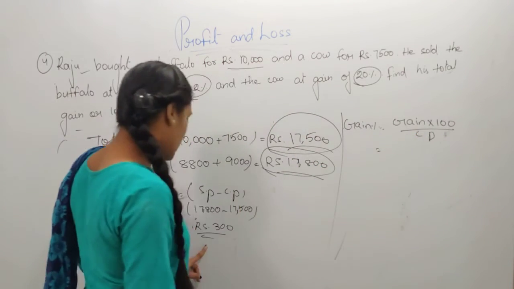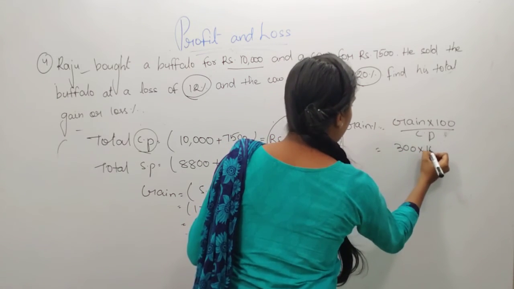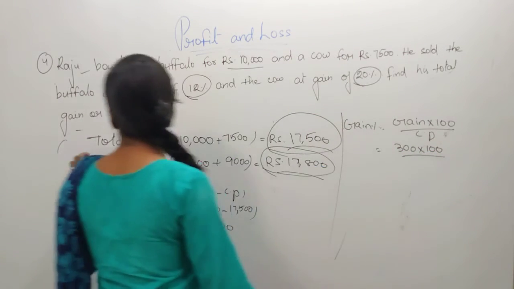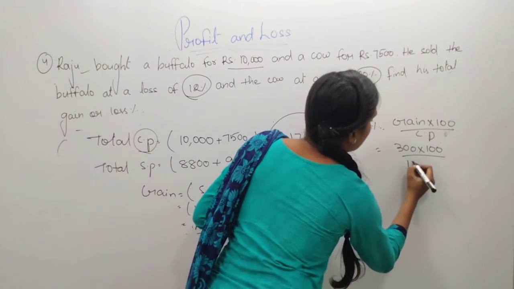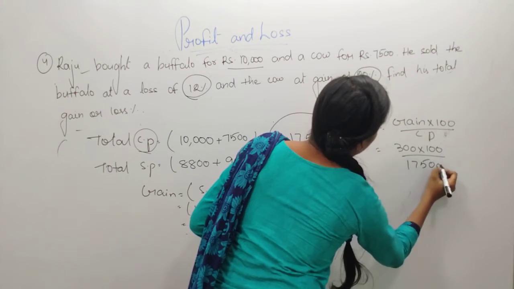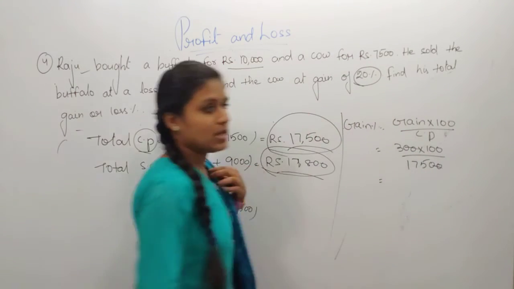Gain, how much did we get? 300 into 100 by cost price. How much cost price did we get? Given in the question, by doing addition, how much did we get? 17,500 is the cost price. By solving all this, how much answer will we get?